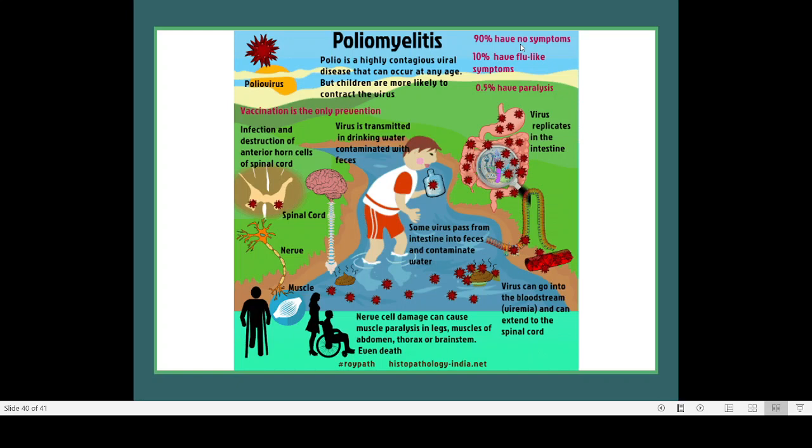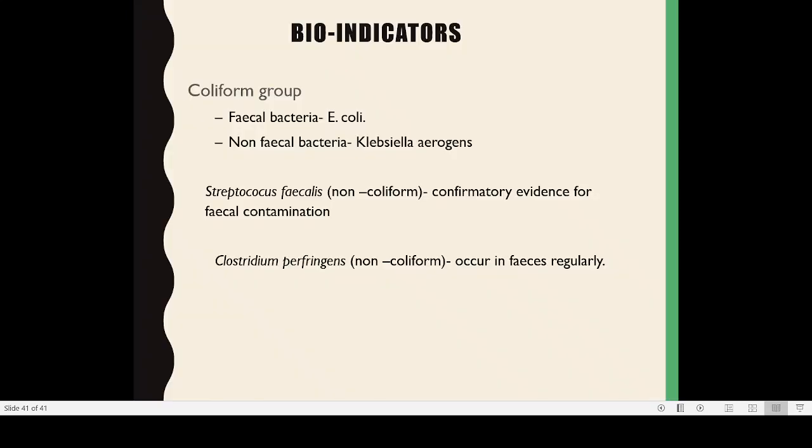In almost all diseases, the majority of people are not seriously affected, even in the case of corona. 80 to 90% of people can easily overcome corona without much complication. But in a few percent of people, it can become dangerous and even lead to death. That is the case with polio also.